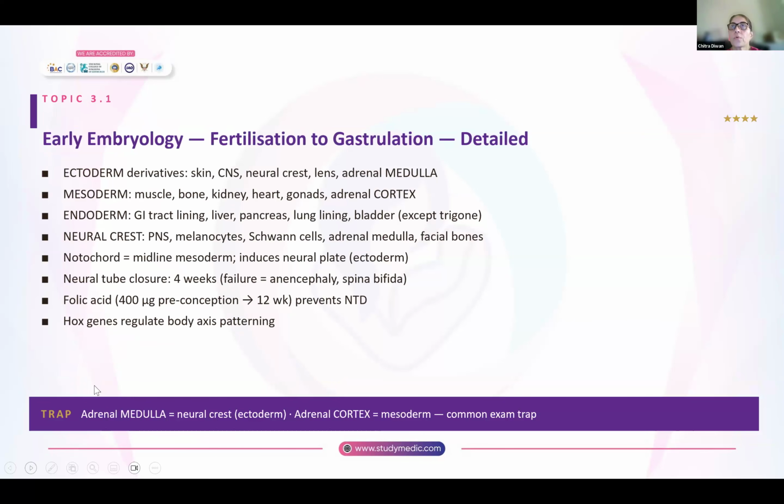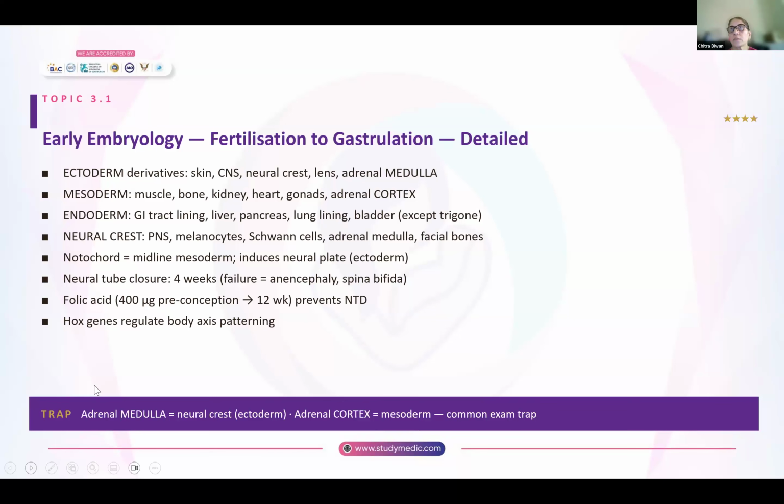So we already saw what are the structures that develop from the three germ cell layers. Something important about the notochord. So this notochord, it develops from the ectoderm, the midline mesoderm, and that induces formation of the neural plate. Now remember the neural tube, it closes at about 4 weeks.